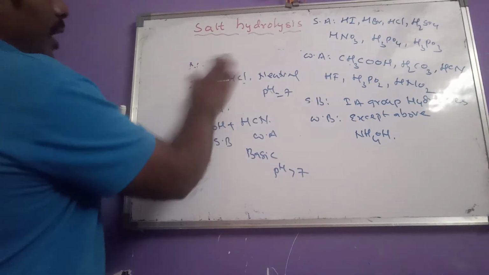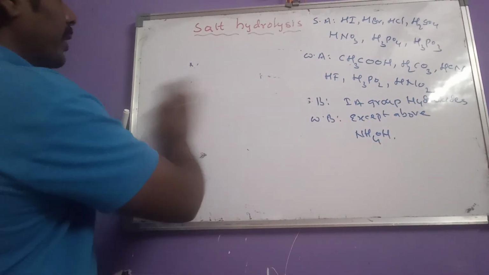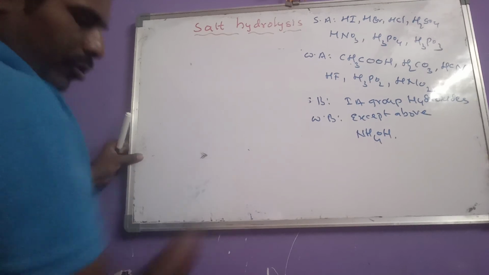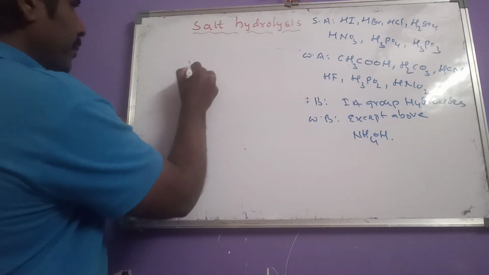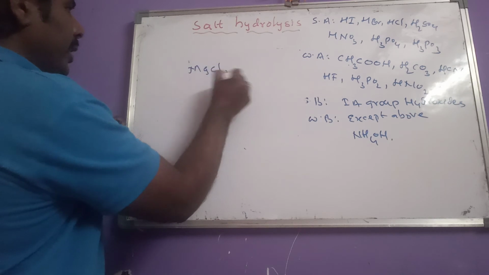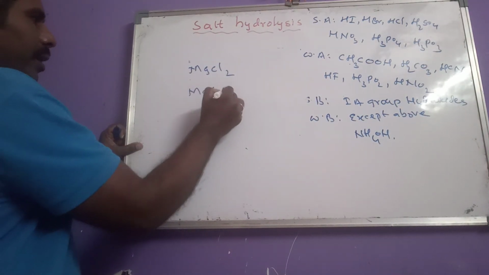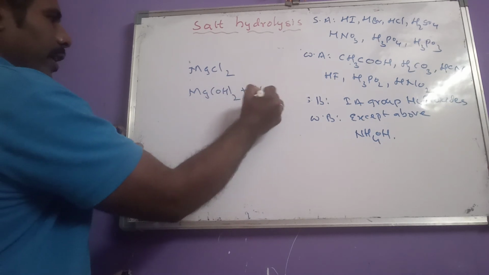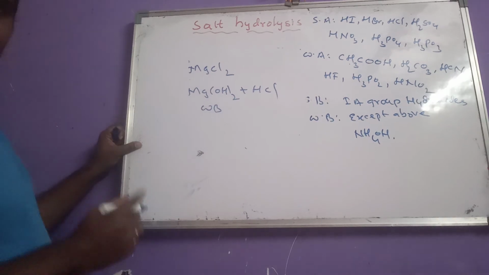Okay, now I give another example. We have to observe what should be the nature of its aqueous solution. Okay, I give one example here. MgCl2. So this salt is produced from Mg(OH)2 and HCl. It is a weak base because it does not belong to the first A group.